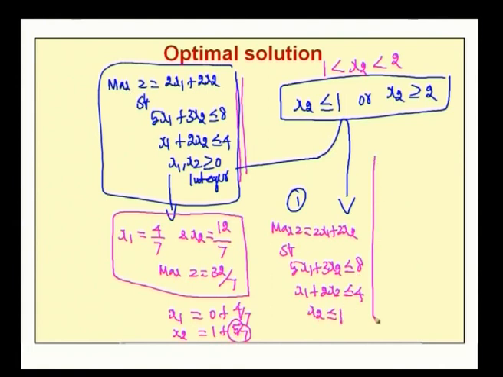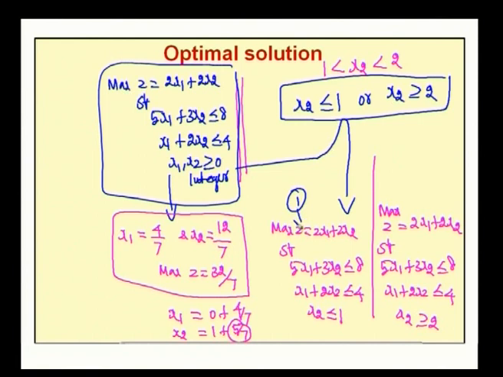This is our subproblem 1, and our subproblem 2 is maximize z equal to 2x1 plus 2x2 subject to the condition 5x1 plus 3x2 less than or equal to 8, x1 plus 2x2 less than or equal to 4 and the condition x2 greater than or equal to 2. So, this constraint branches the original problem into two subproblems. This is our subproblem 1 and this is our subproblem 2.